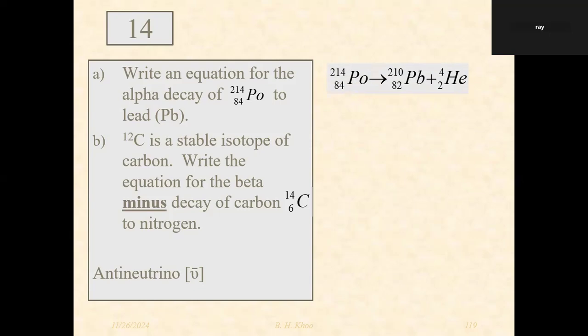Then carbon 12 is a stable isotope of carbon. Write the equation for beta minus decay of carbon 14 to nitrogen. Beta minus, you should be able to write the equation. That is your answer.